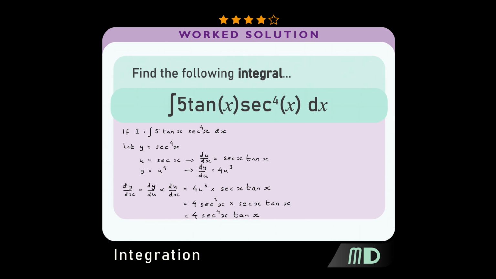In other words, the integral of 4 multiplied by the secant of x raised to the power of 4 multiplied by the tangent of x with respect to x is equal to the secant of x raised to the power of 4 plus c, the constant of integration.